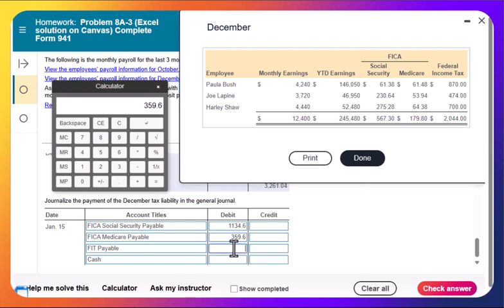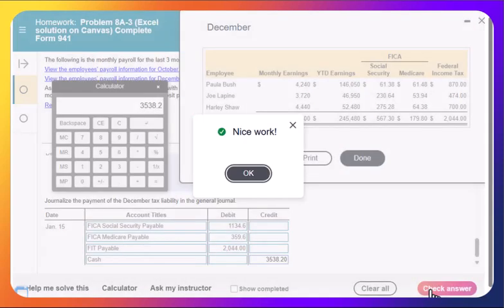So we'll go ahead and debit that. And then we will go ahead and clear our calculator and add these through. For a total of $3,538.20. Let's go ahead and check our answer. Nice work.